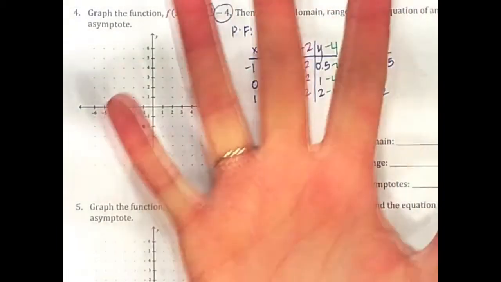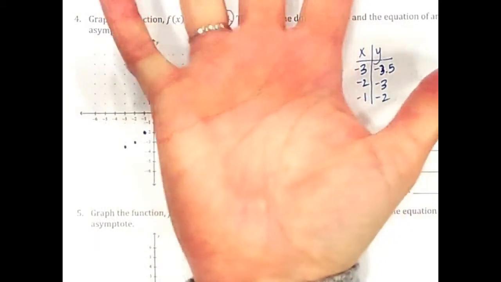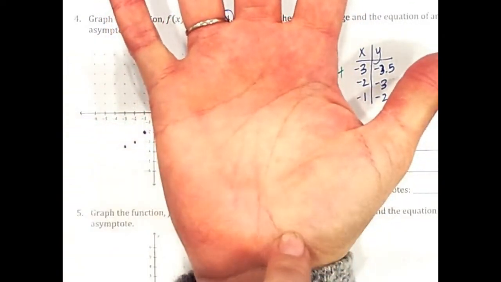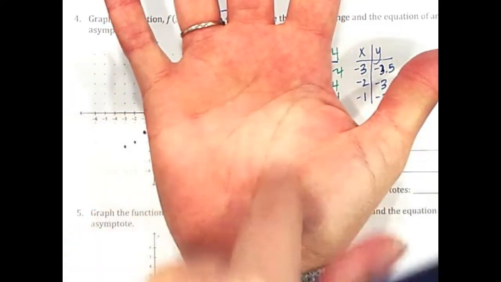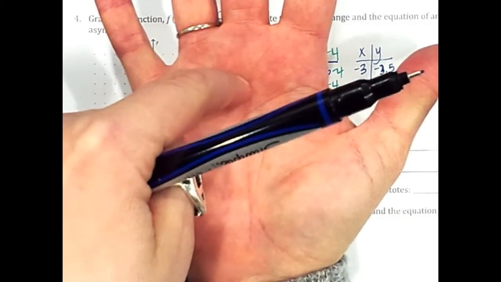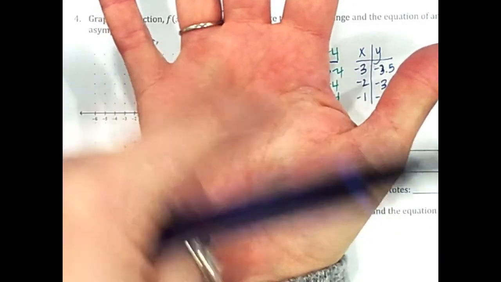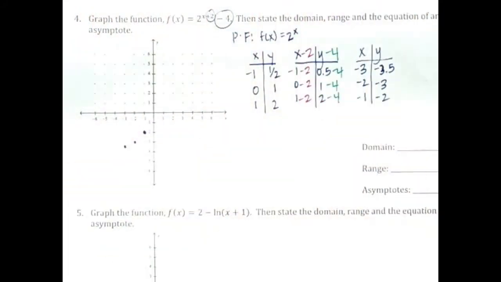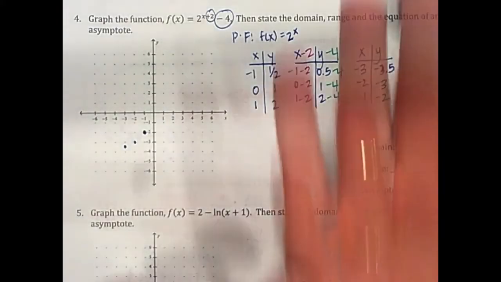So we can look at our hand. That hand looks really red. Look and see, this is my logarithmic. This is my exponential. E comes before L in the alphabet. E is on top of L. And so exponential looks like this. And so I'm going to mimic my graph just like the curve on my hand.